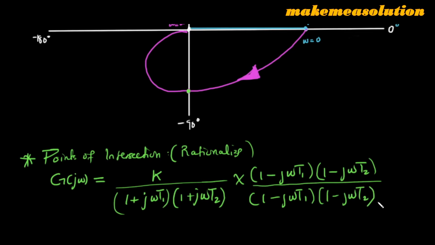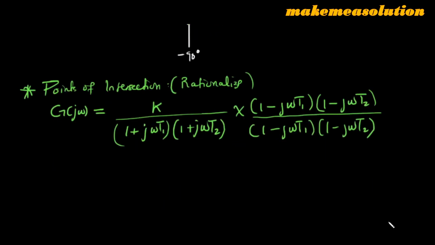Let's look at the simplest way to evaluate this. G of j omega is going to be K into 1 minus j omega T1, and so on. Let's just do the multiplication straight on. 1 times 1 gives you 1.